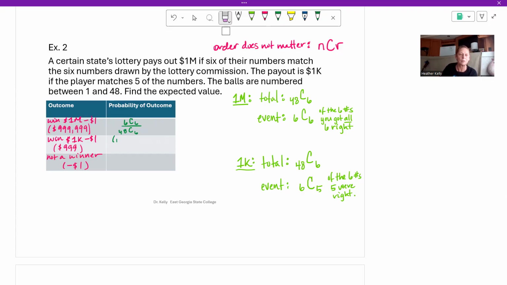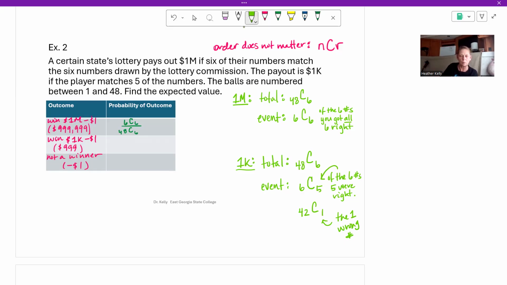Hold on a minute. So that's what this piece is for sure. And then that's going to be times the other one, which is going to be 42 choose 1. This is the one wrong number. Gotta account for both of those pieces there.